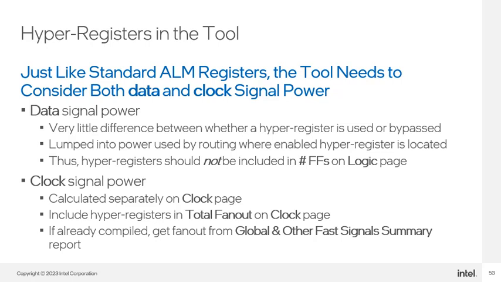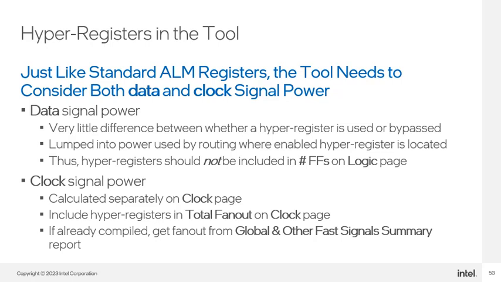As such, the use of hyperregisters should not be included in the number of flip-flops column on the PTC's logic page. If you are using the PTC before creating a design, you would not know hyperregister resource use anyway, because the use of hyperregisters is determined late in the compilation process. For the power used by clocking hyperregisters, the separate clock page, as just discussed, is used. On the clock page, you can specify the total fanout for a particular clock domain.